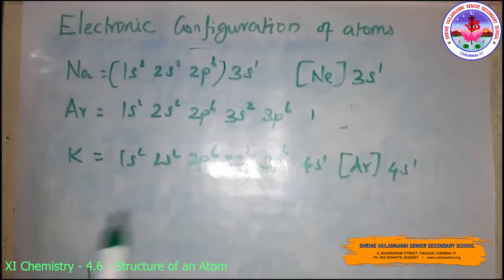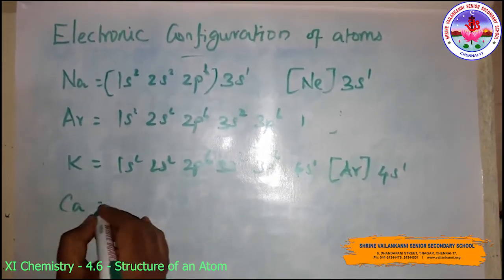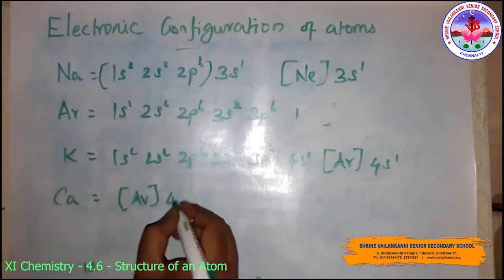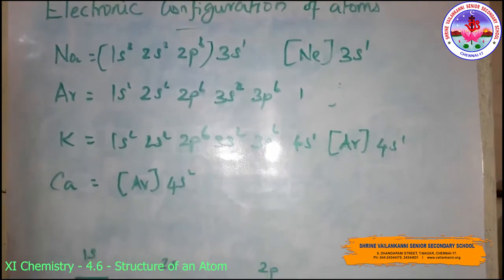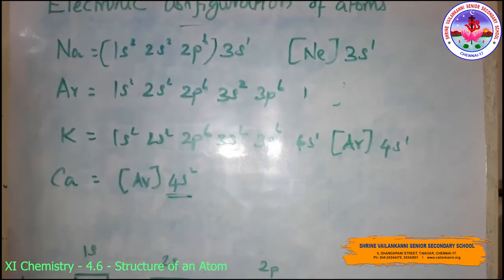For example, calcium atomic number is 20, you can write it argon 4s2. So this is the electronic configuration, and 4s2 is the valence electronic configuration.